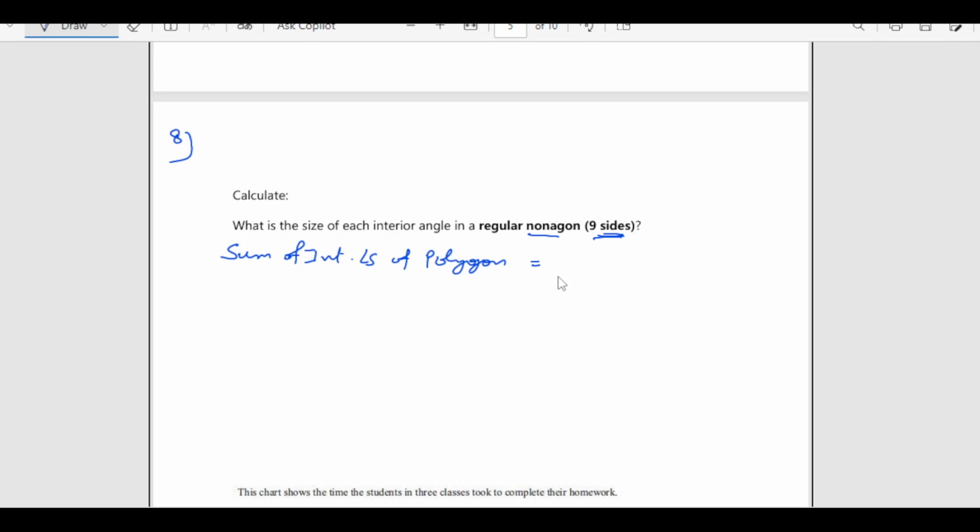Poly means many, gon means sides. So the formula for the sum of interior angles of a polygon is n minus 2 times 180. So n is 9, 9 minus 2 is 7, times 180, it's 1260, right? So this is the sum, and we are looking for the size of each angle.